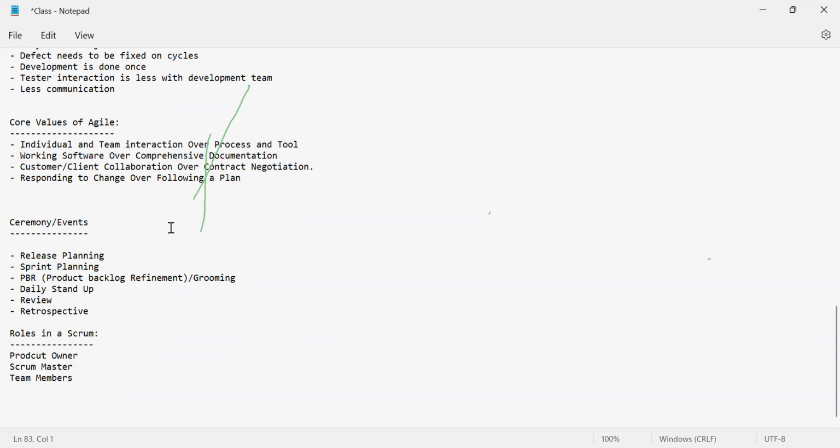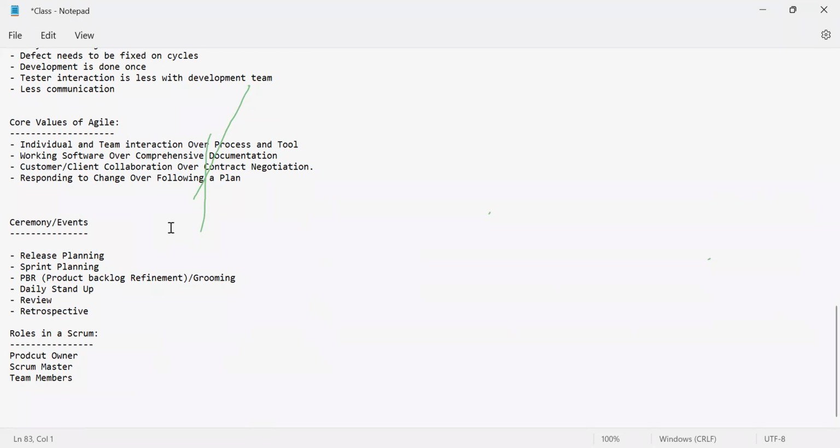You understand what I'm saying? Questions? So, when 4 teams are working, 100 stories will be done in 5 sprints.